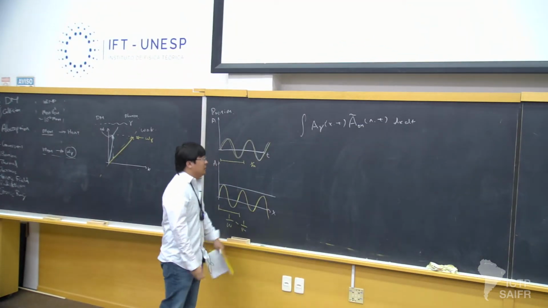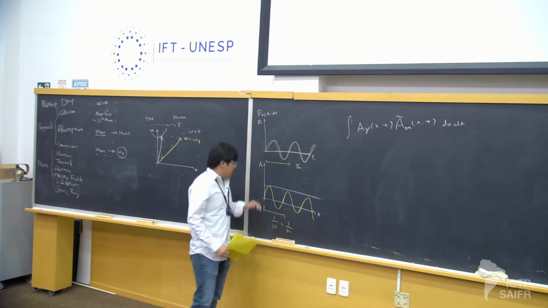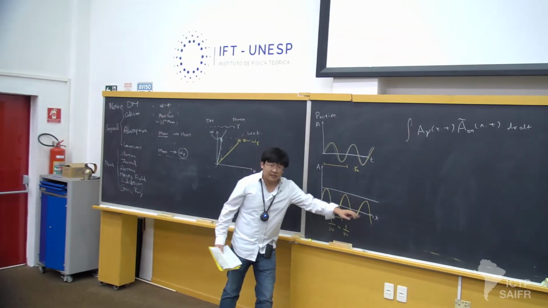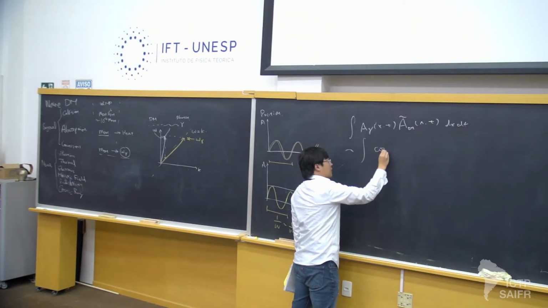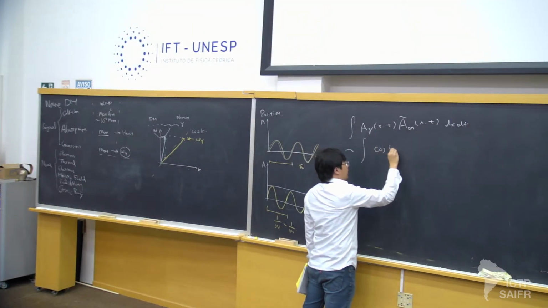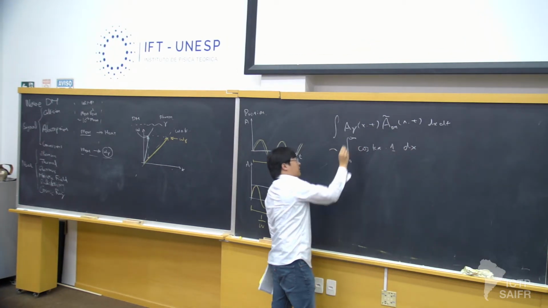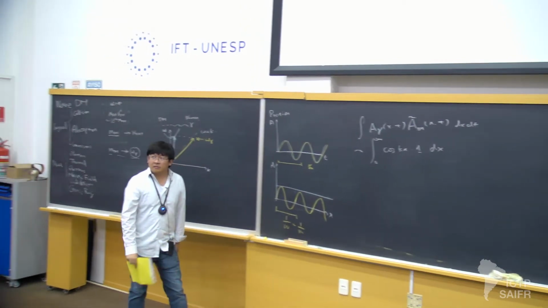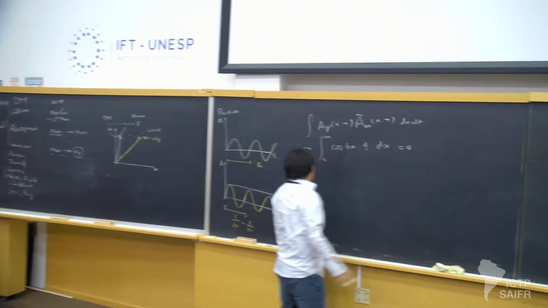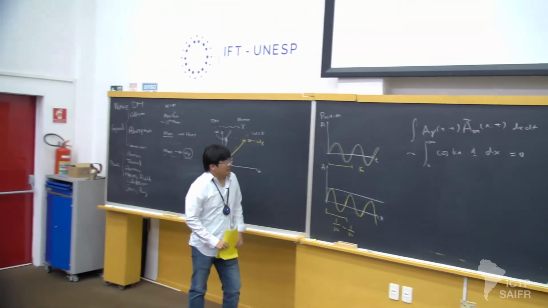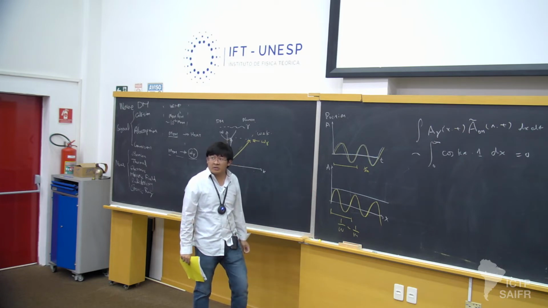If not, then you cannot. So now you see the problem, right? Because this is a constant, this thing is oscillating. So what I'm computing here is the integral of cosine kx times 1 dx, from 0 to infinity. And this gives me 0, right? Fourier analysis. So this is how you see that dark matter photon conversion cannot happen in position space, because their wave functions look quite different.